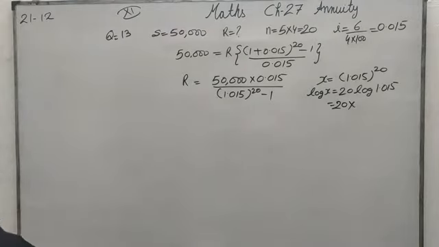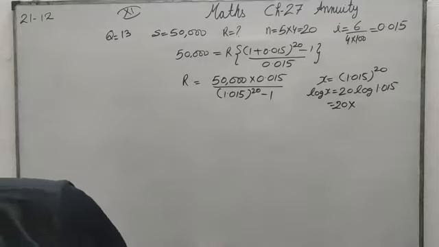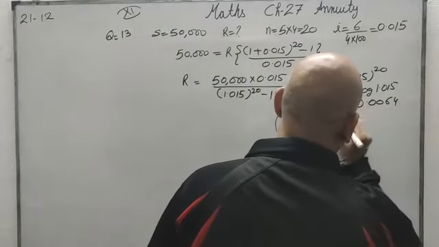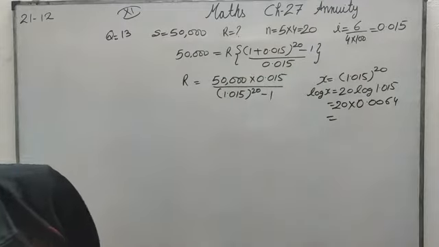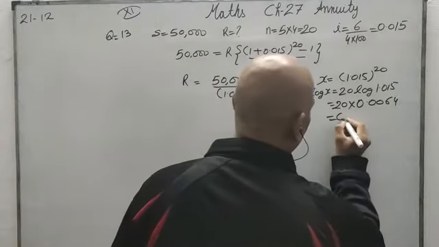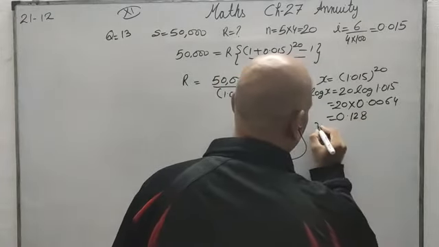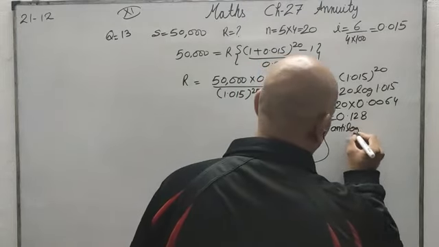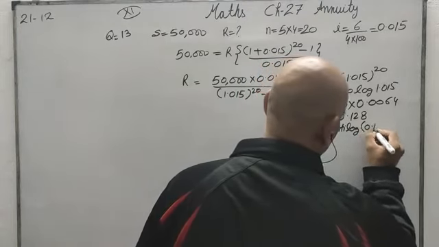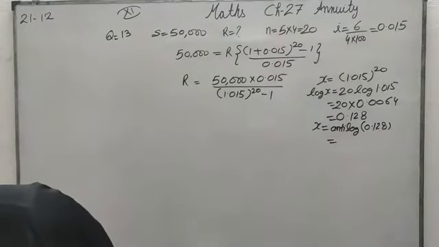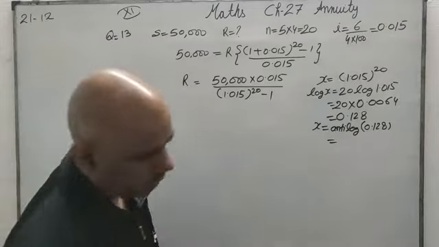That is 0.0064, and on multiplication we got 0.128, and as x we got antilog of 0.128, that is equal to 1.343.